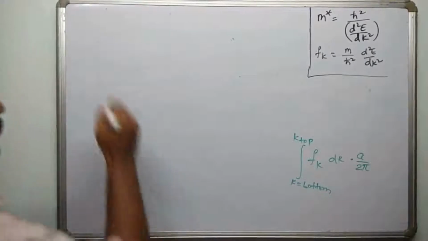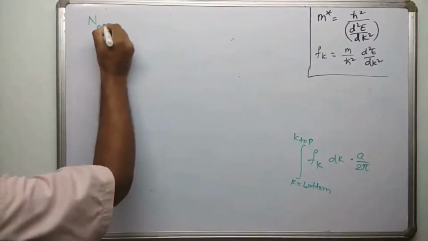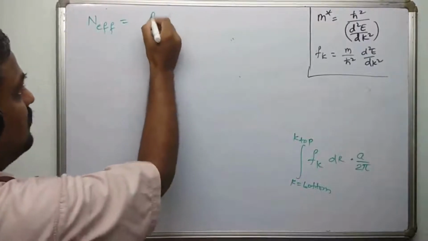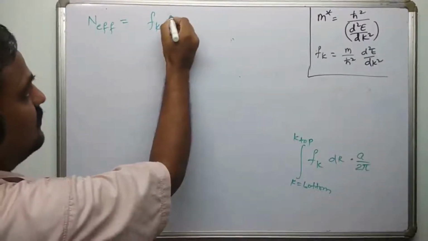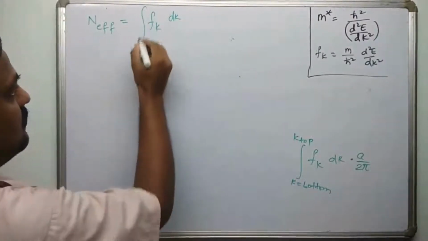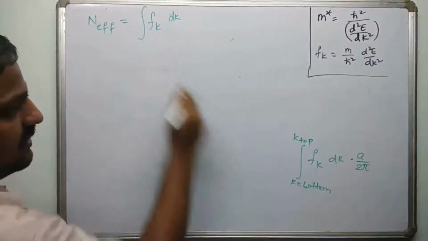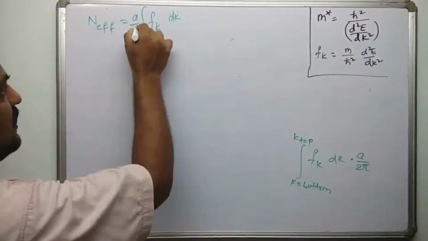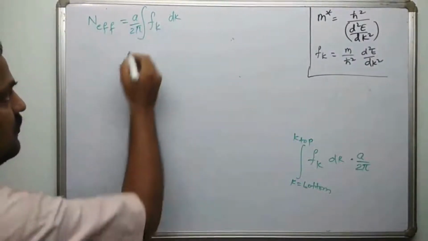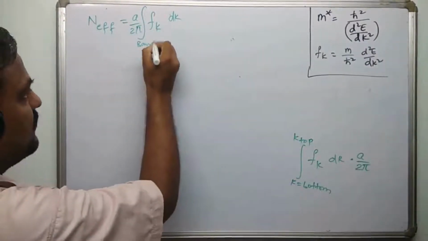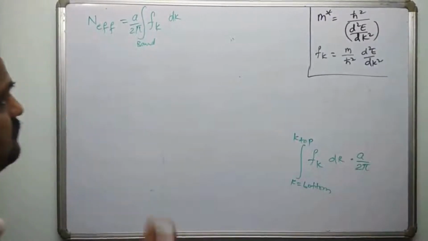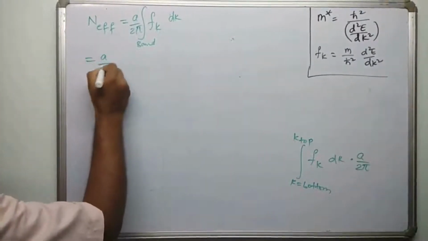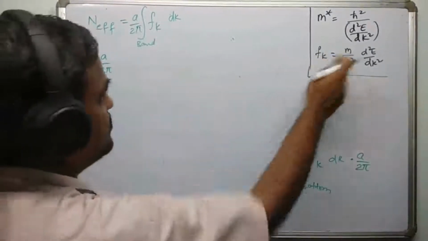So therefore, my n effective number of electrons, free electrons inside a given band, is just integral fk dk with integration limits k 0 to k top with a multiplicative constant a by 2 pi. This integration is going on over a given band, right? As we know, fk is given by this.